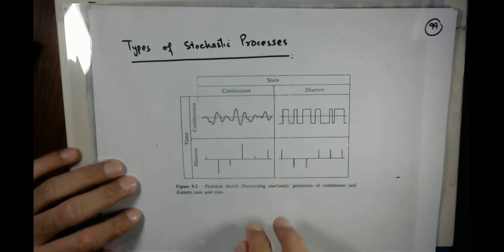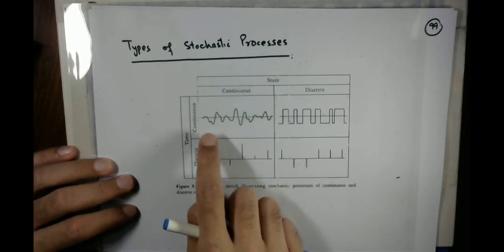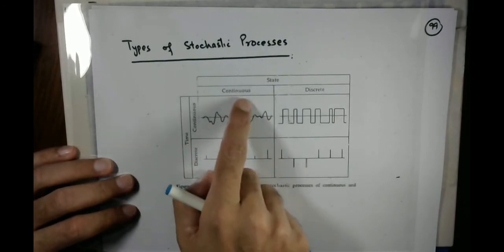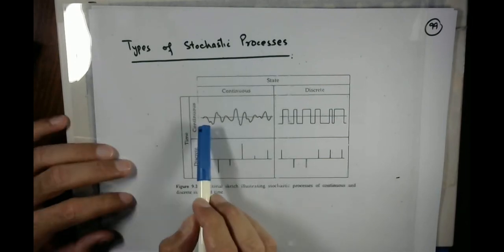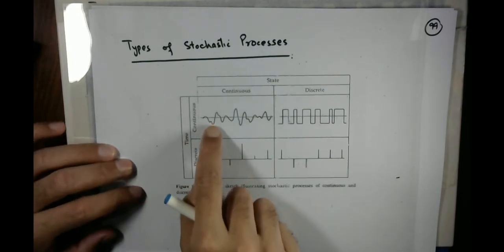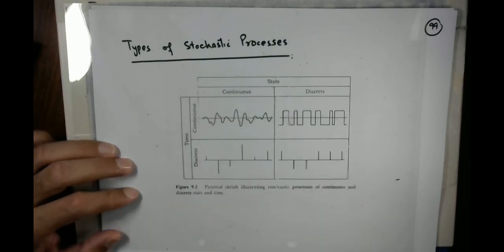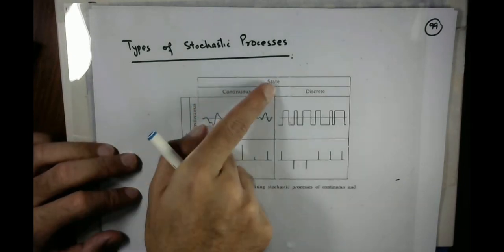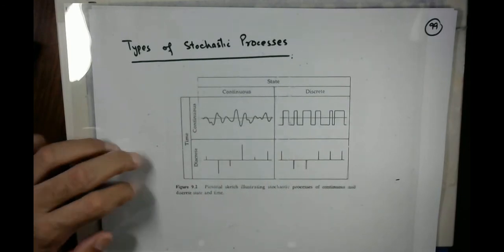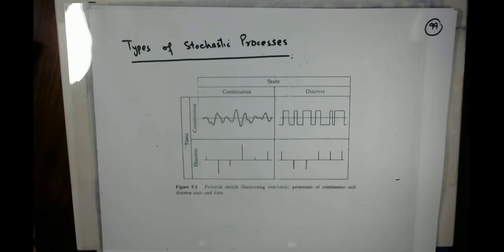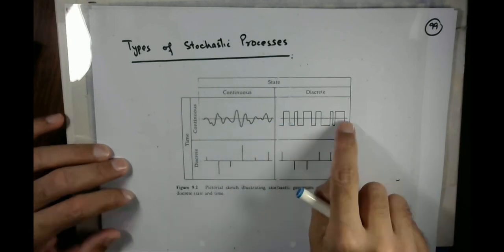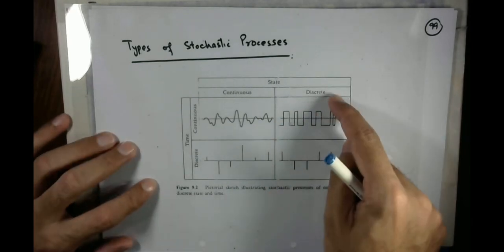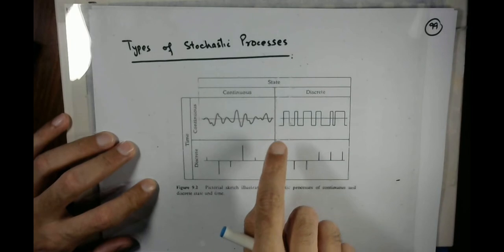First type is continuous time, continuous state process. Here you see the process can have any possible state on all the continuous time. Here this is a continuous time but discrete state process. Why?